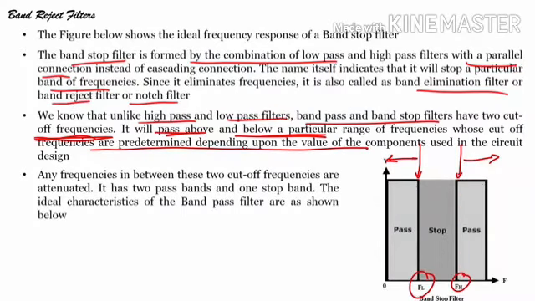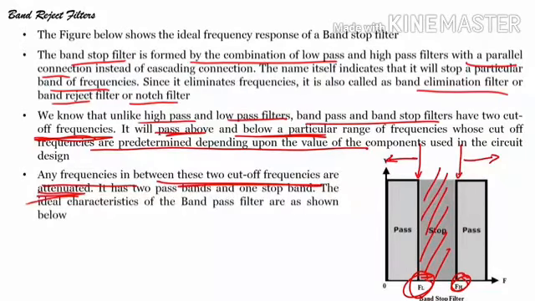It will only stop the frequencies between FL and FH. That means this band of frequencies it will not allow to pass. Any frequency between these 2 cutoff frequencies is attenuated, that means it is stopped.